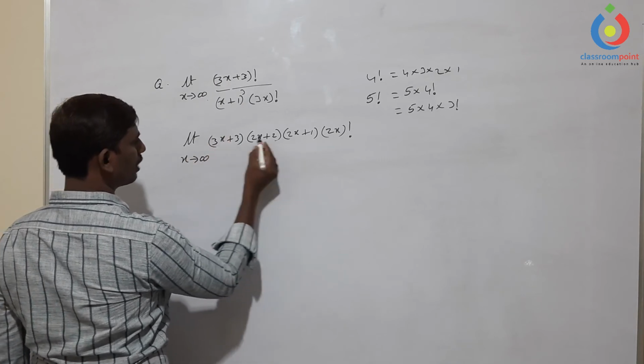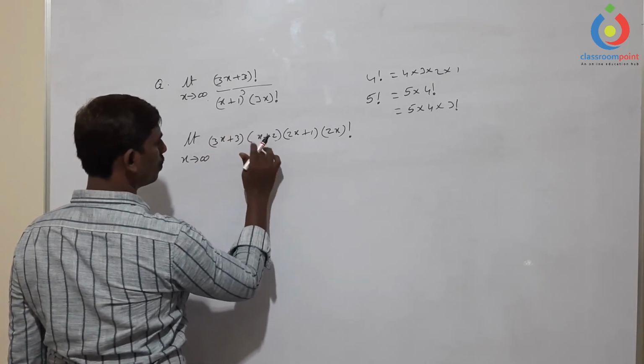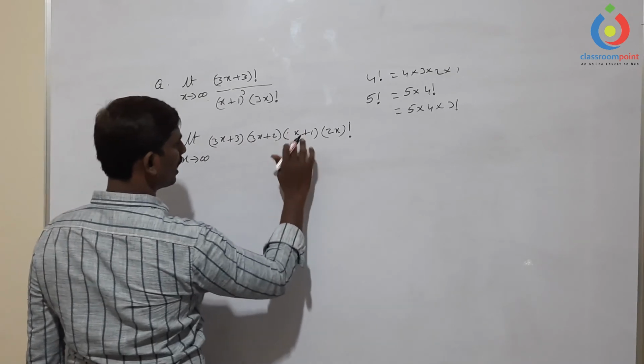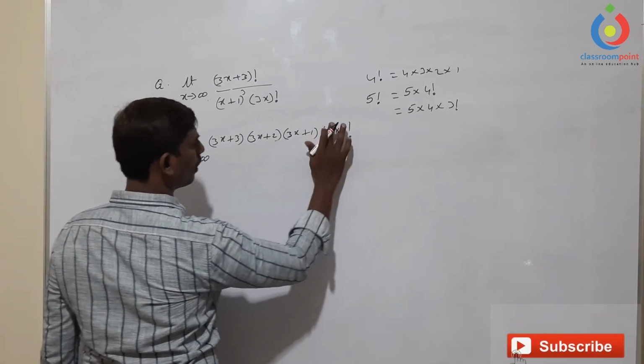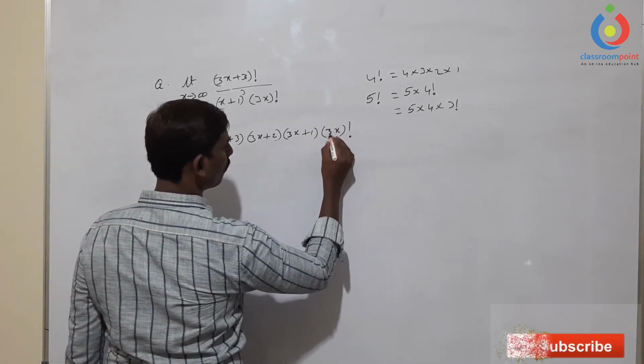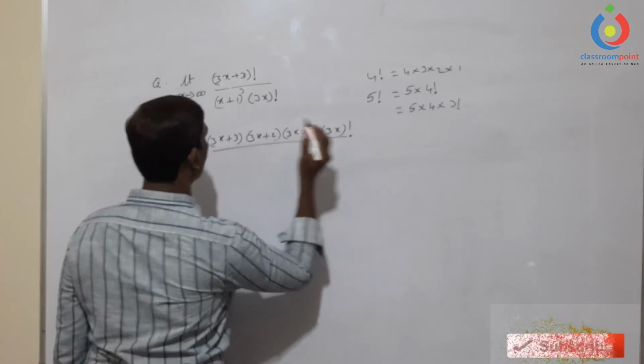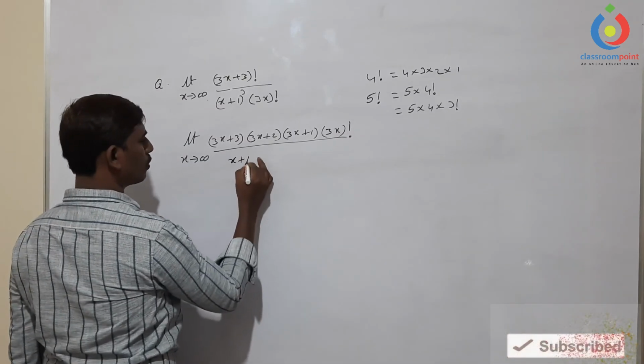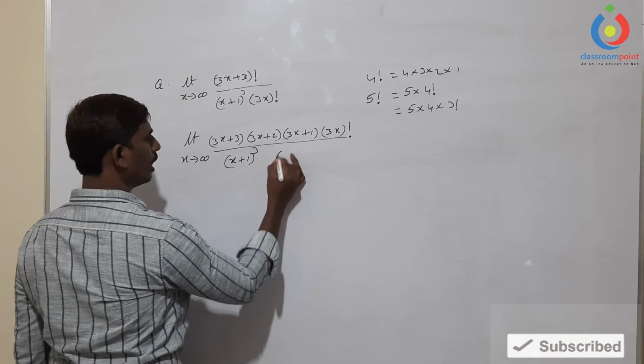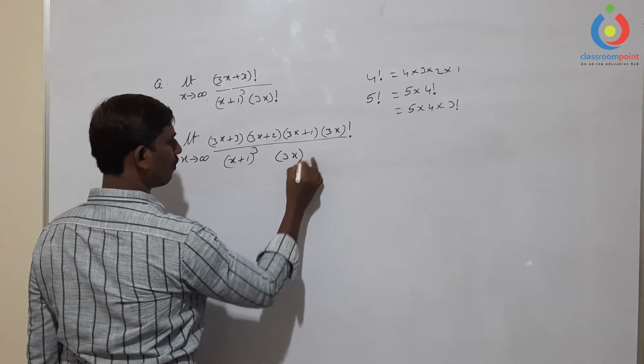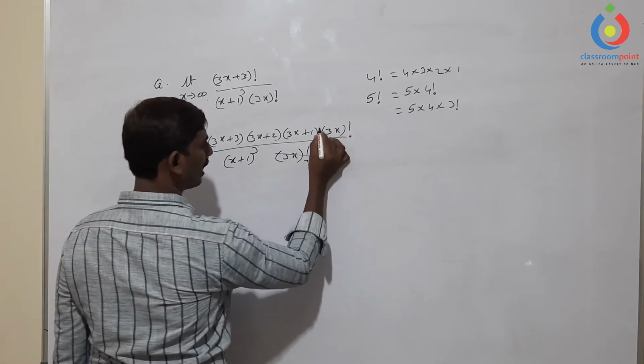So, 3x plus 3, 3x plus 2, 3x plus 1, it is 3x factorial, whole divided by (x plus 1) whole cube and this is 3x factorial. Both are cancelled.